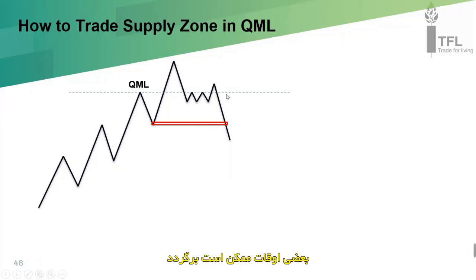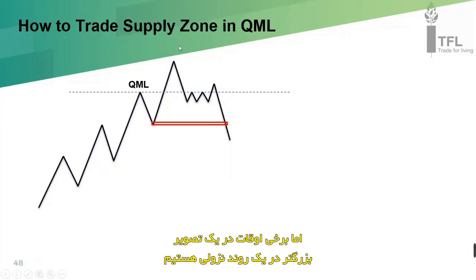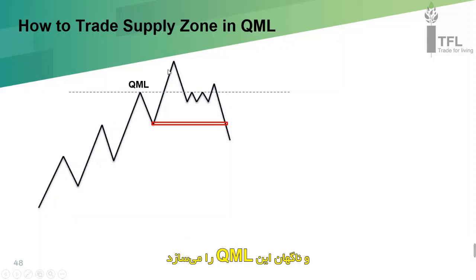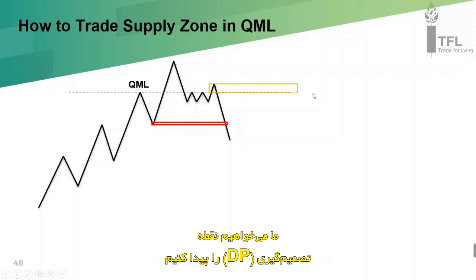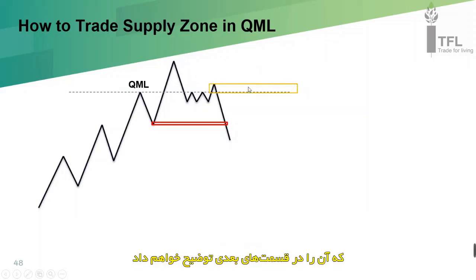Sometimes, in a bigger picture, it is a downtrend, and then suddenly it creates this QML, meaning that it will continue going down again. So we're going to determine our decision point, which I'm going to explain further in, I think, a few more chapters.